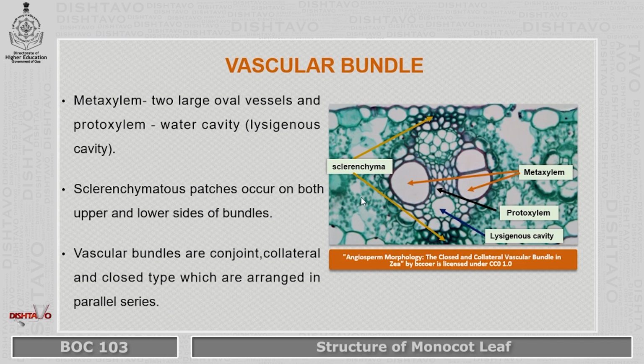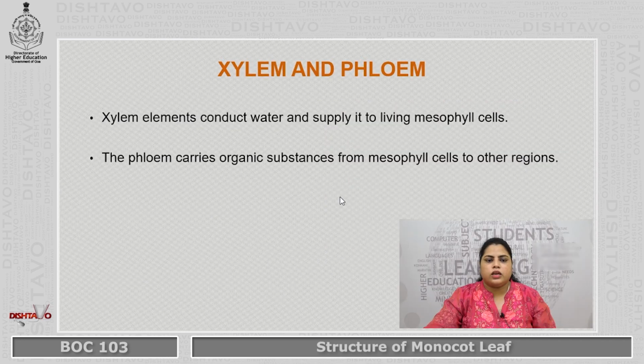Conjoint means xylem and phloem are together, collateral means they are on the same radii, and closed meaning they do not have a cambium region. The main function of xylem is to conduct water and supply it to the other parts of the plant. The phloem carries organic substances and supplies them to the other parts of the plant.